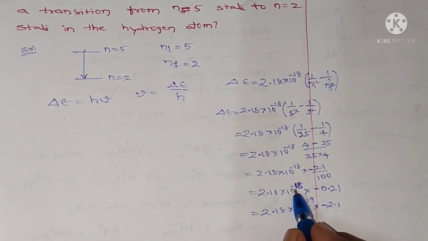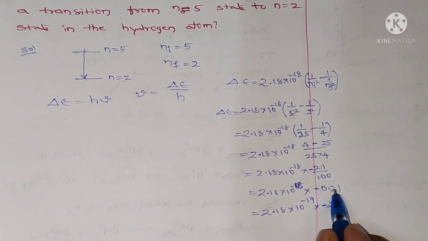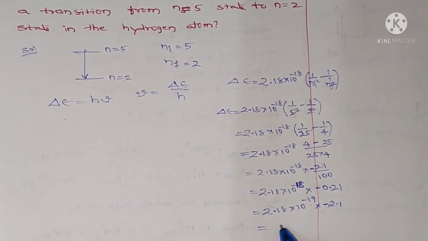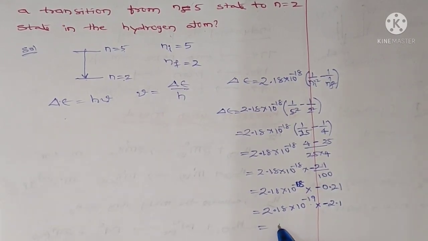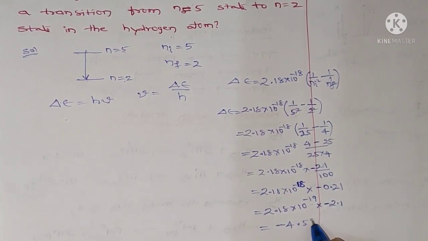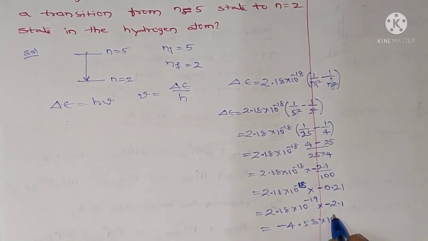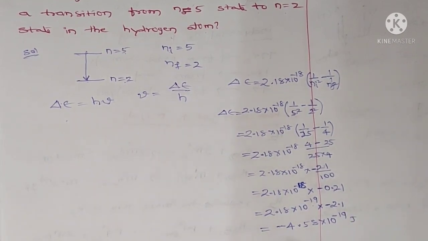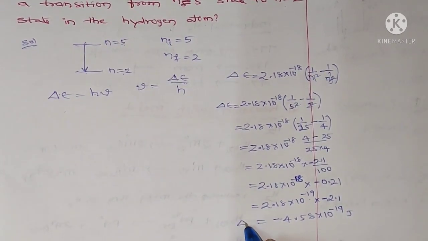So instead of 10 to the power of minus 18, I am taking 10 to the power of minus 19. So here we have to take 2.1, so minus 2.1, so if you do this calculation, we will get minus 4.58 into 10 to the power of minus 19 joules. So this is delta E.